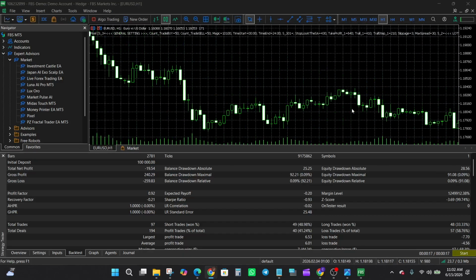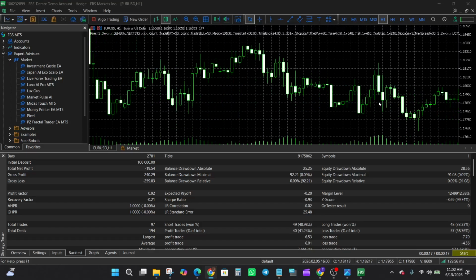But as always, historical backtest results should be viewed as historical analysis only. Future performance can vary significantly based on lot size selection, risk settings, broker execution, spreads, slippage, market conditions, and any optimization performed by the user.